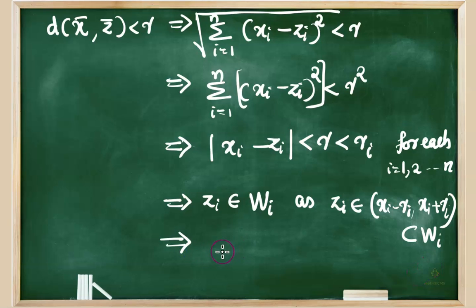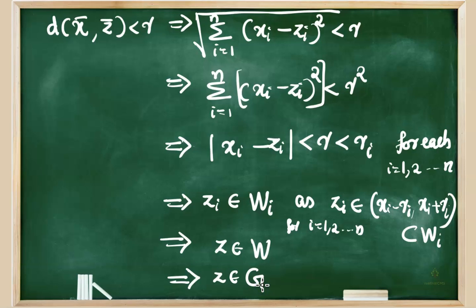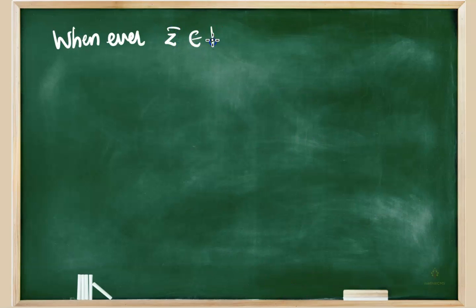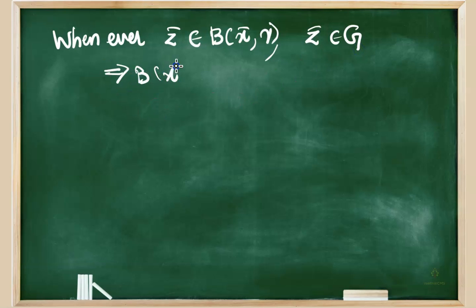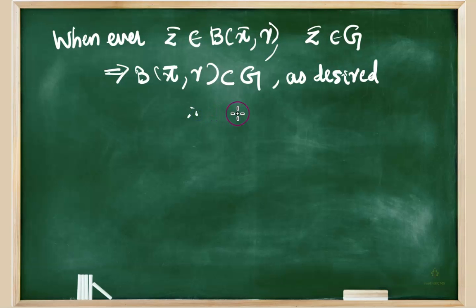This implies that z belongs to W, as the above statement is true for each i, and this will imply that z belongs to G, since W is contained in G. Thus we have proved that whenever z bar belongs to B(x bar, r), z bar belongs to G, which implies that B(x bar, r) is contained in G as desired. Therefore, G belongs to tau 2.